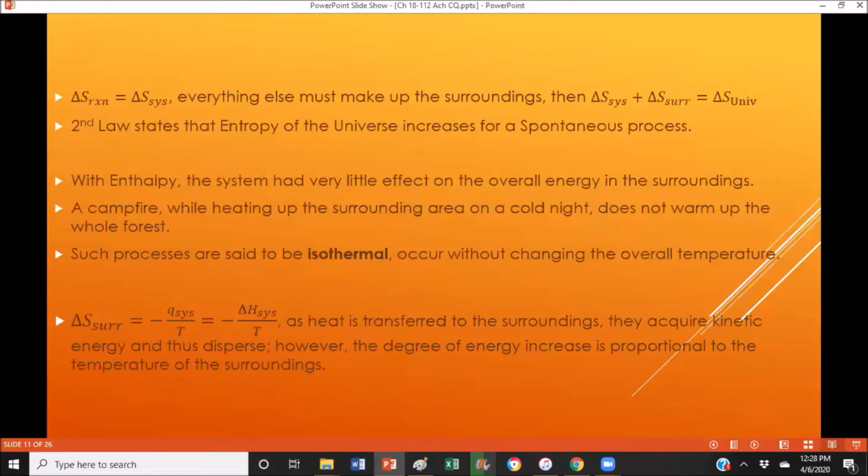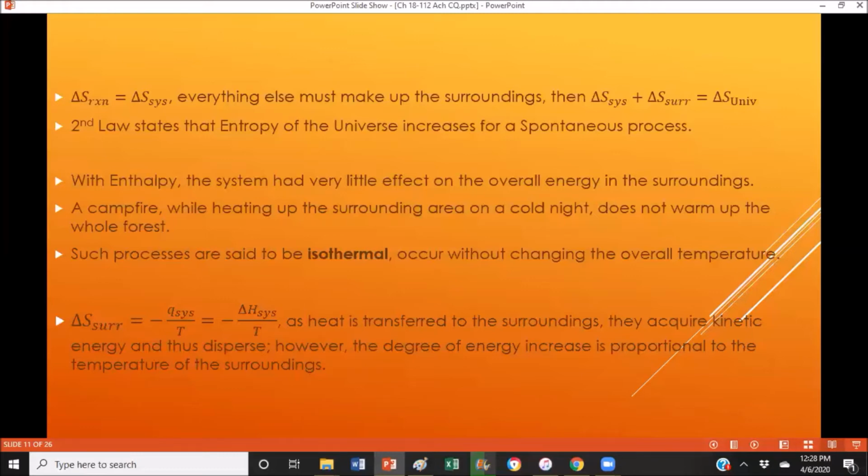The whole forest temperature does not change by any significant amount. Even though the energy flows in, the forest temperature does not go up by more than a fraction of a percent, if anything.